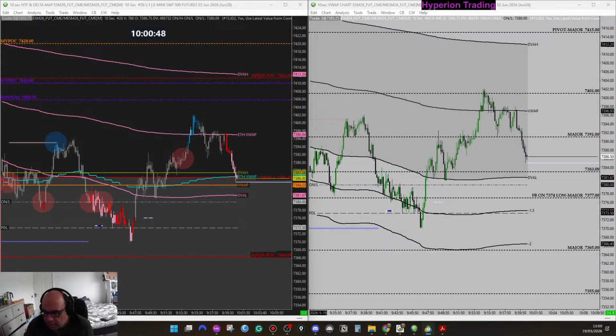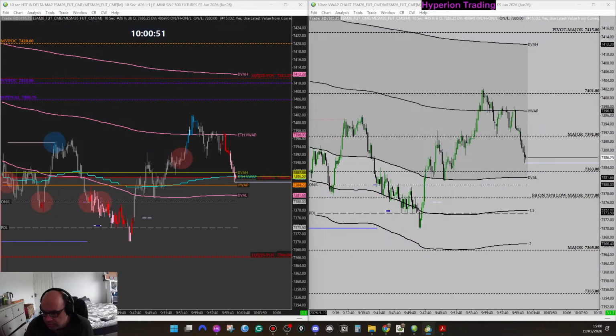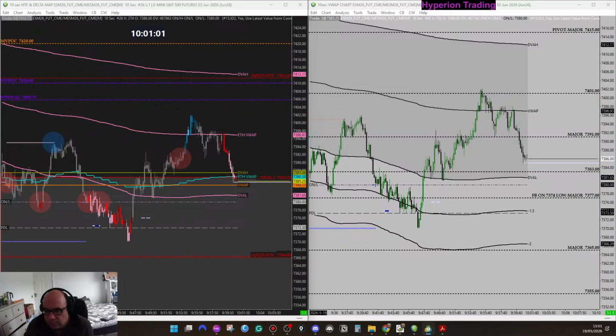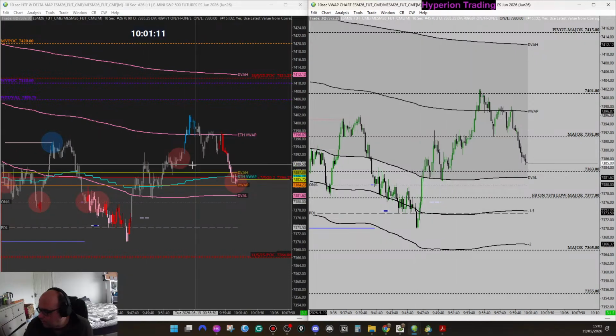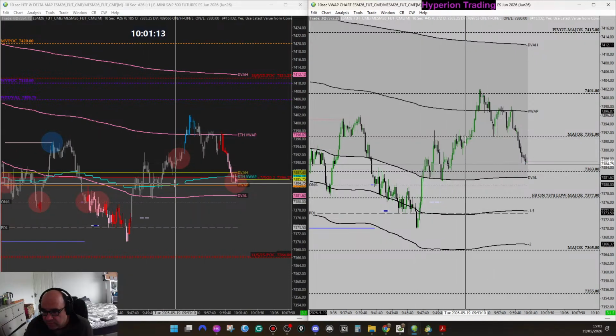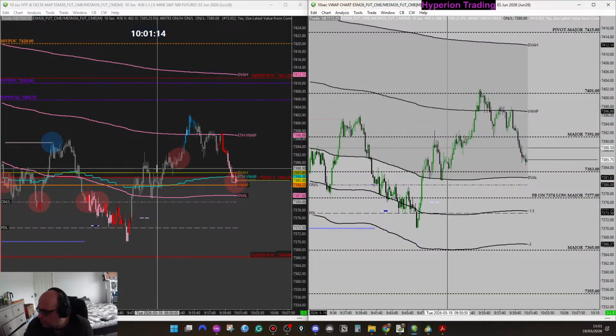Now we're in profit 2.6% today. And to be honest, I entered a bit late the failed breakdown. We see the failed breakdown here happening, and I entered about here, possibly about here.